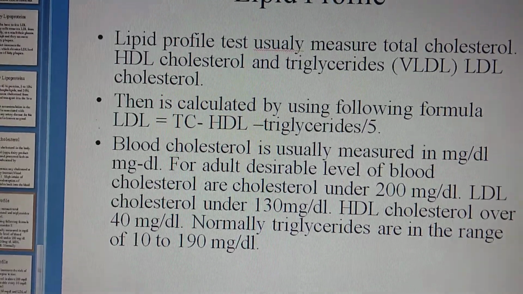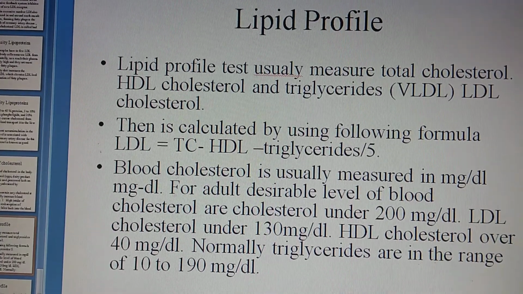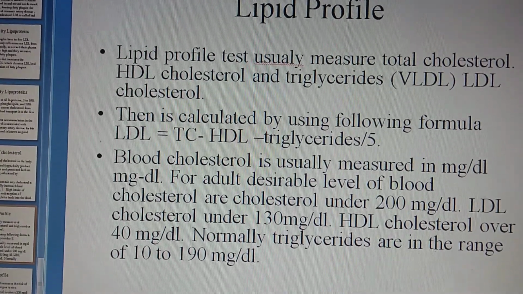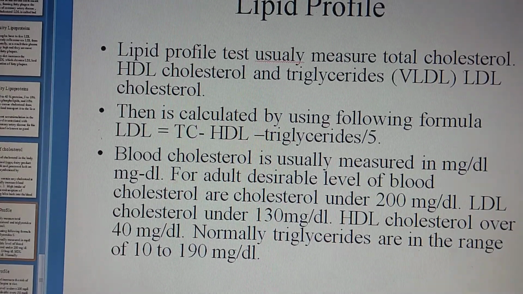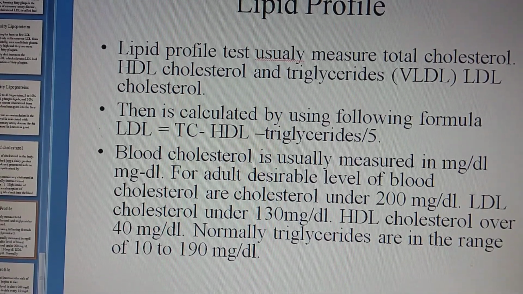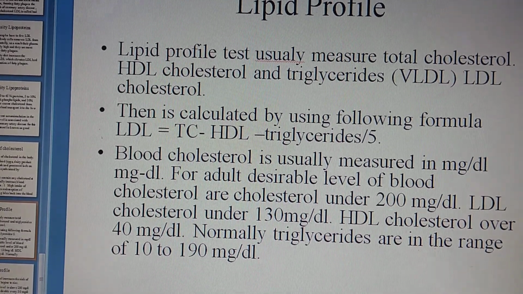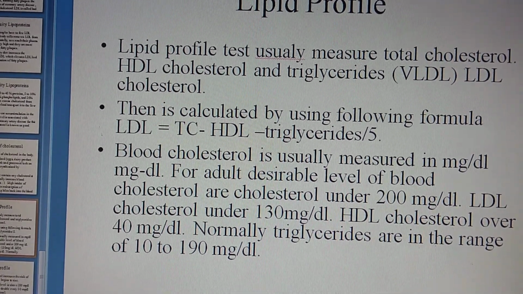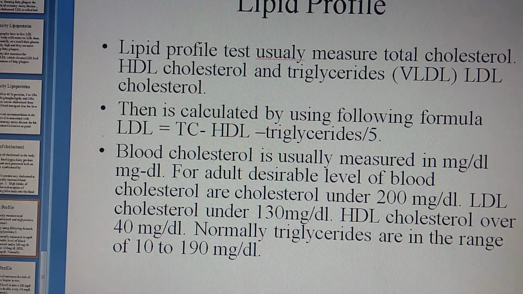Blood cholesterol is measured in mg per dl. For adults, desirable levels of blood cholesterol are total cholesterol under 200 mg per dl, LDL cholesterol under 130 mg per dl, HDL cholesterol over 40 mg per dl. Normally, triglycerides are in the range of 10 to 190.